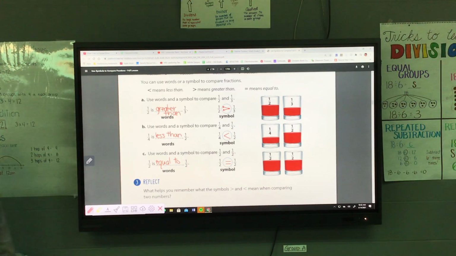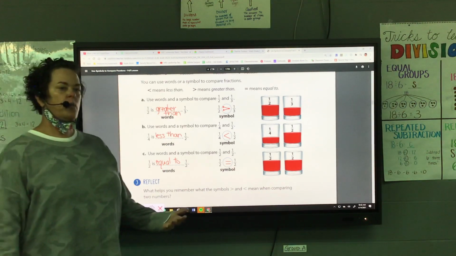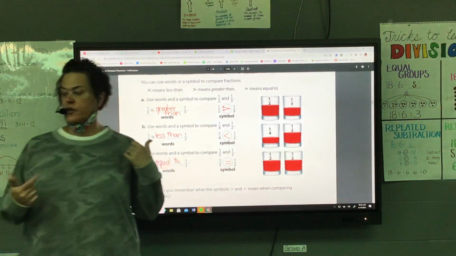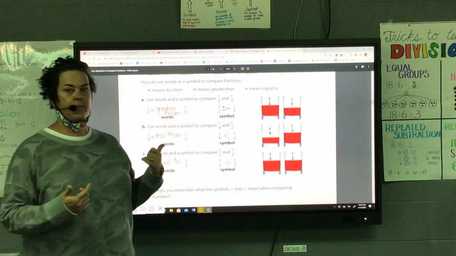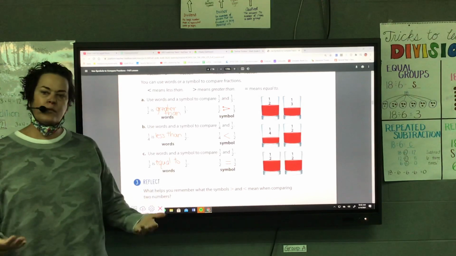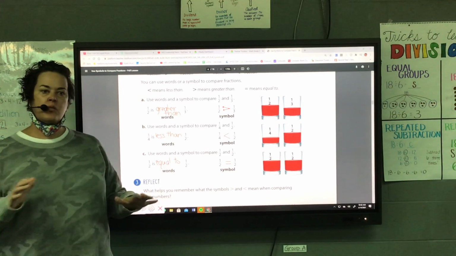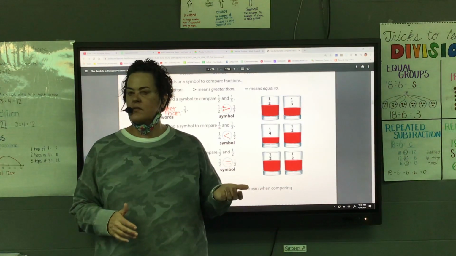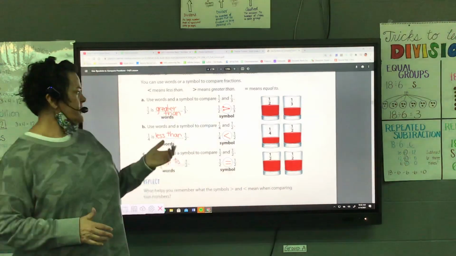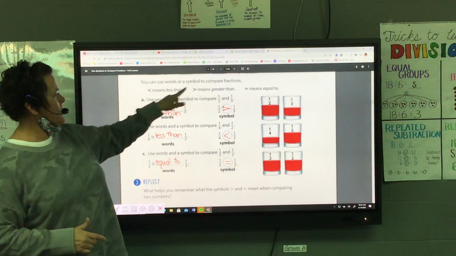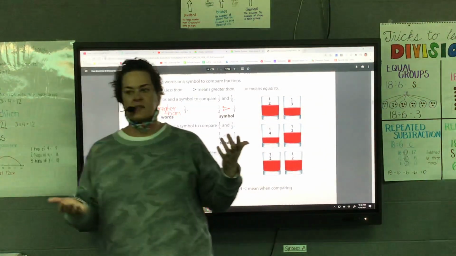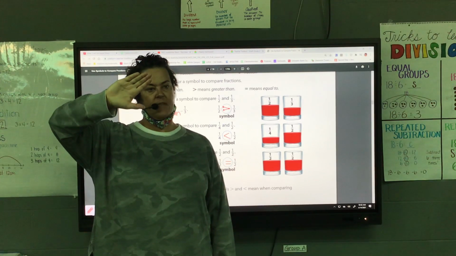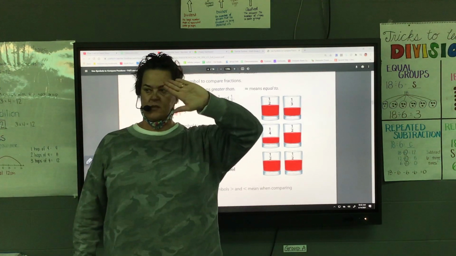Okay, so now when you would have to do this work on your own, comparing them, what's going to help you remember which way the symbol needs to go? How are you going to remember if it goes this way or this way? Like that this symbol means less than, and this symbol means greater than.